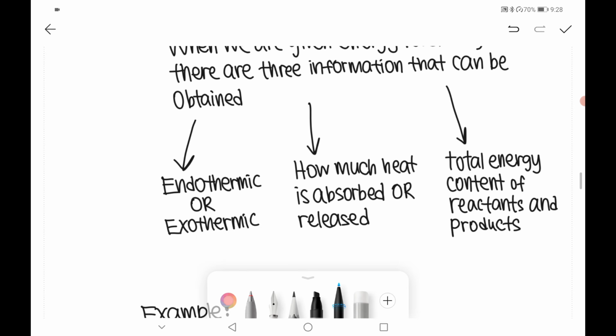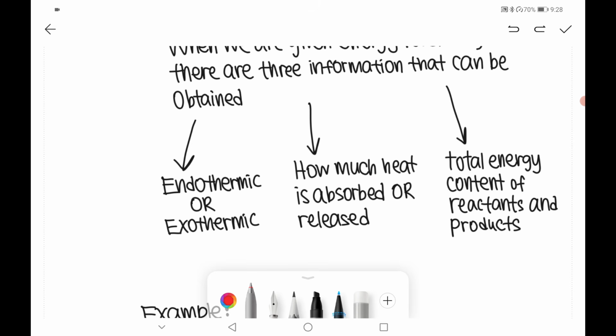The first thing, from the energy level diagram, we should be able to know whether the reaction is endothermic or exothermic. Number 2, we should be able to know how much heat is being absorbed or how much heat is released.